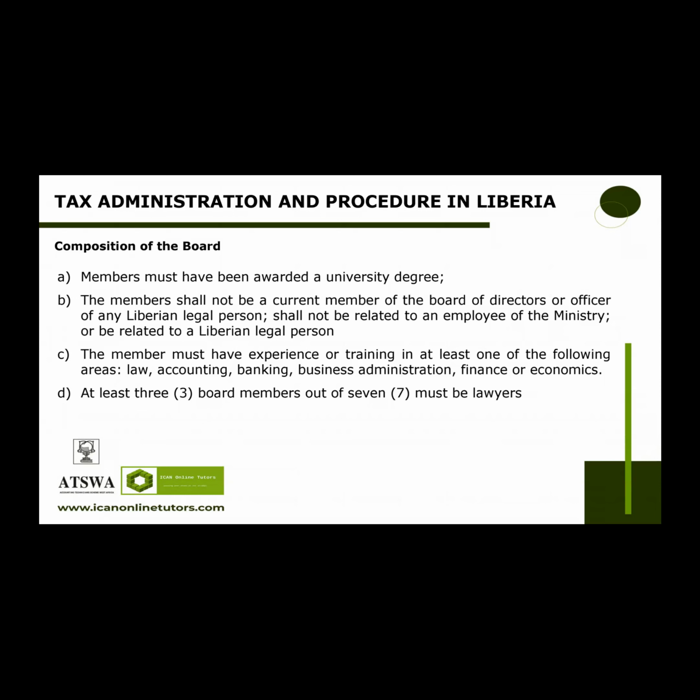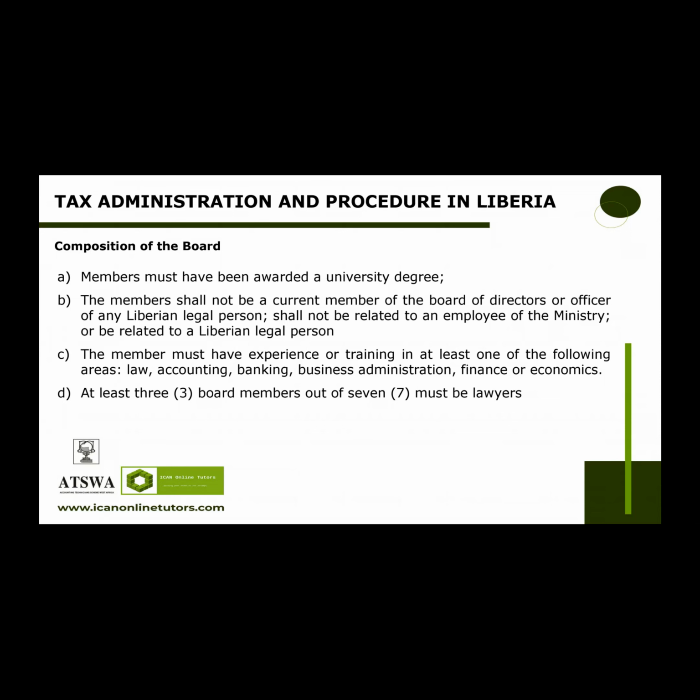One is that members must have been awarded a university degree. The members shall not be a current member of the board of directors or officer of any Liberian legal person, and shall not be related to an employee of the ministry or to a Liberian legal person.